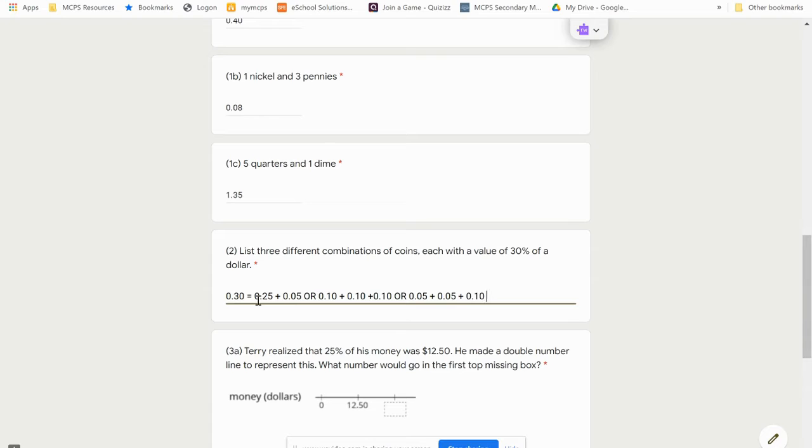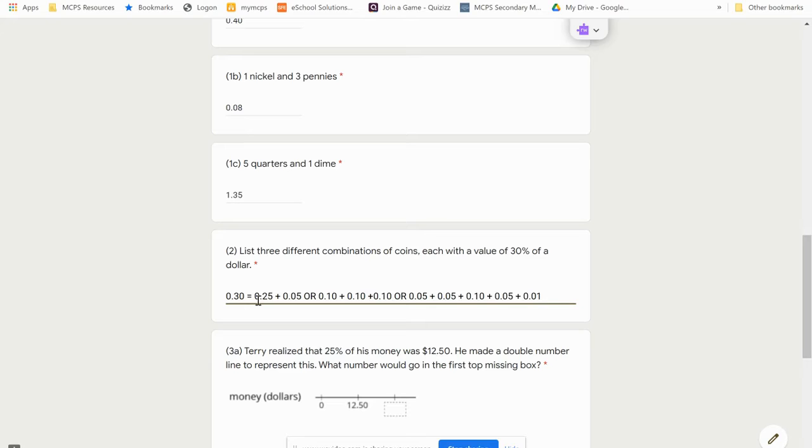So now I've got 20 cents plus 5 again. That's 25 plus another 5. I'll do pennies.